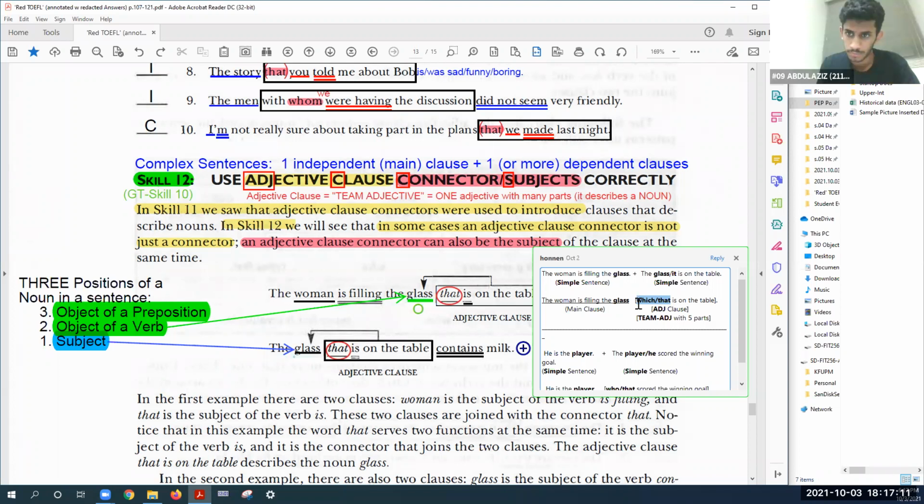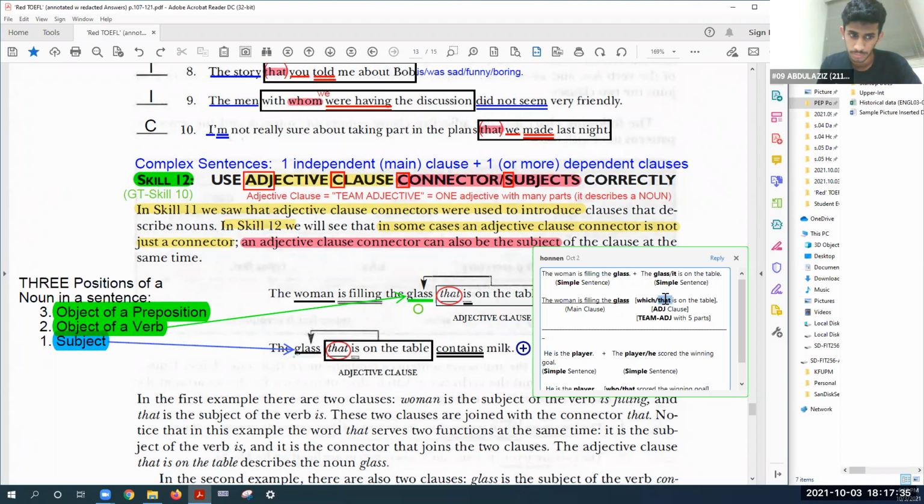No. One of them is enough. Choose one. You can say it with which, Abdulaziz. Say it again, but just the first connector. The woman is filling the glass, which is on the table. And again, now with the second one. The woman is filling the glass that is on the table.